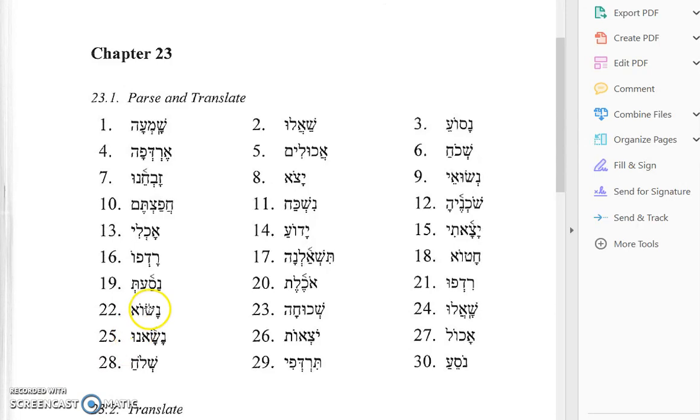And it's a Qal perfect, second feminine singular, you lady traveled. And then okelet is a Qal active participle feminine singular from akhal, to eat. She who eats, or a woman eater, a woman who eats.